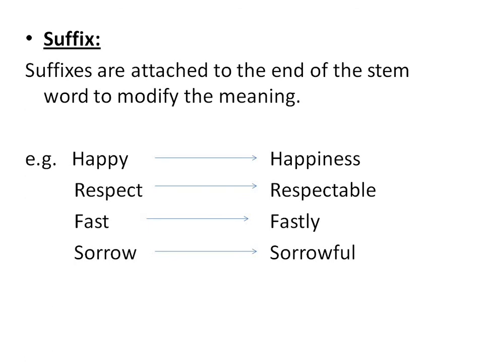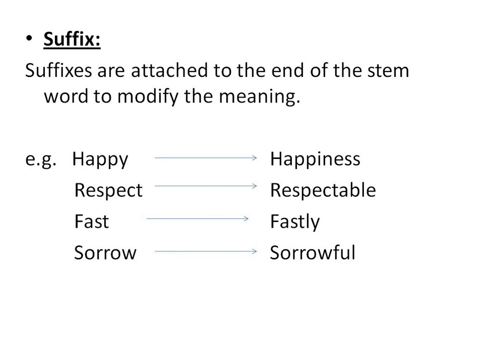Look at the example. Happy to happiness. We have added ness, so happy becomes happiness. Respect, respectable. So we have added the additional information at the end of the stem word or morpheme. We have added another morpheme to modify the meaning of the word.